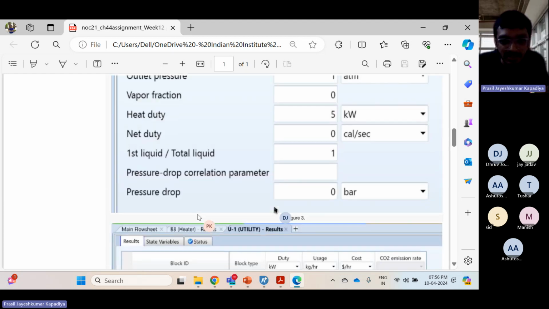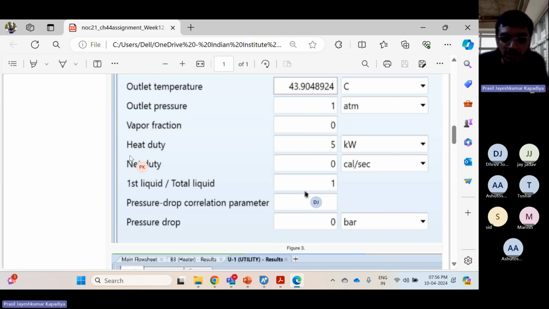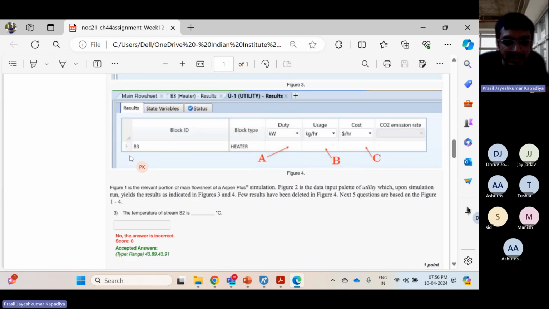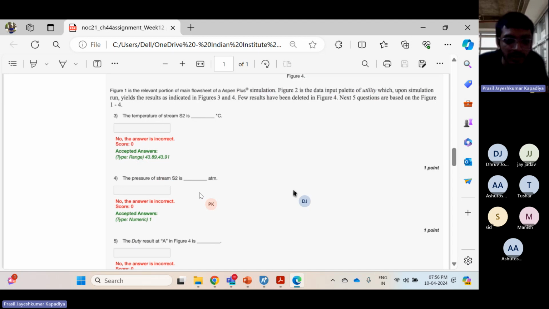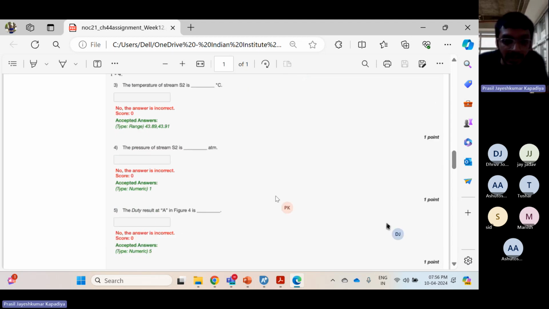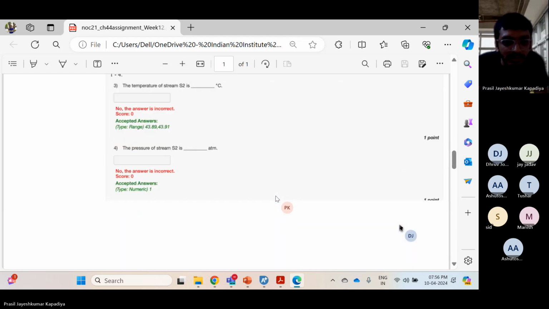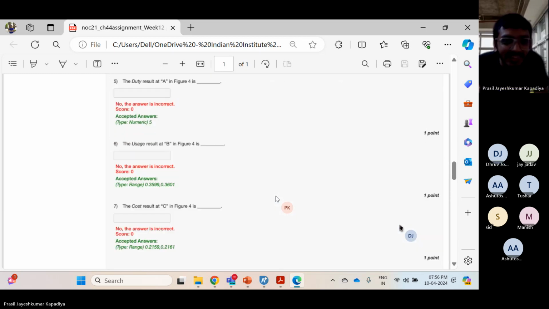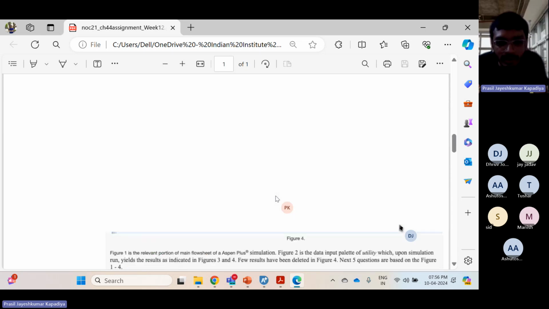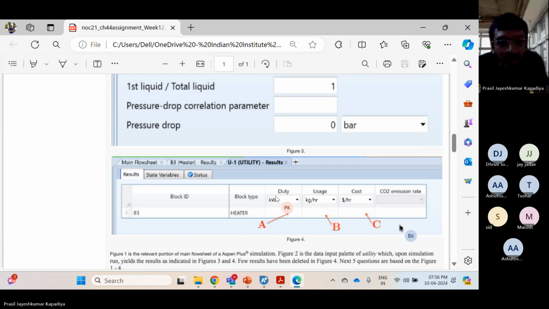Similarly, pressure is asked. So it is 1 atmospheric pressure, right? Just check the unit. Yeah, it is 1 atmospheric. The duty result at A in figure 4 is 5 kilowatt. Very easy questions. Usage. The usage result at B in figure 4 is, what is B in figure 4?